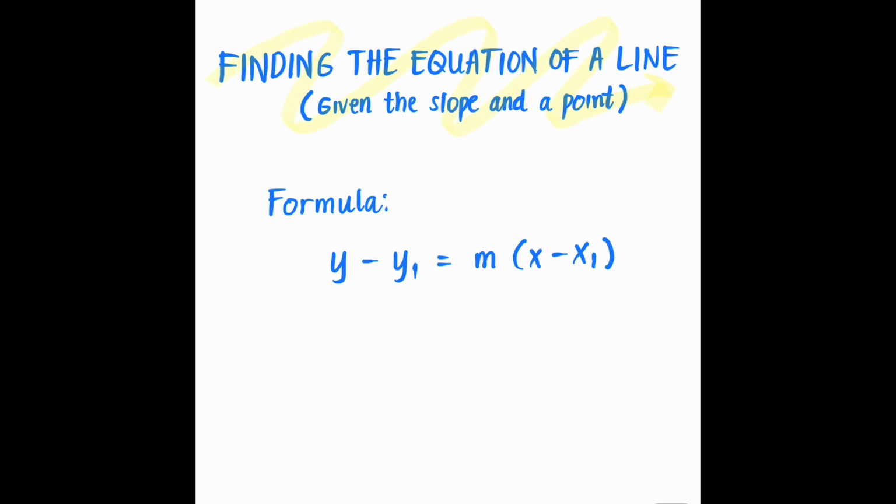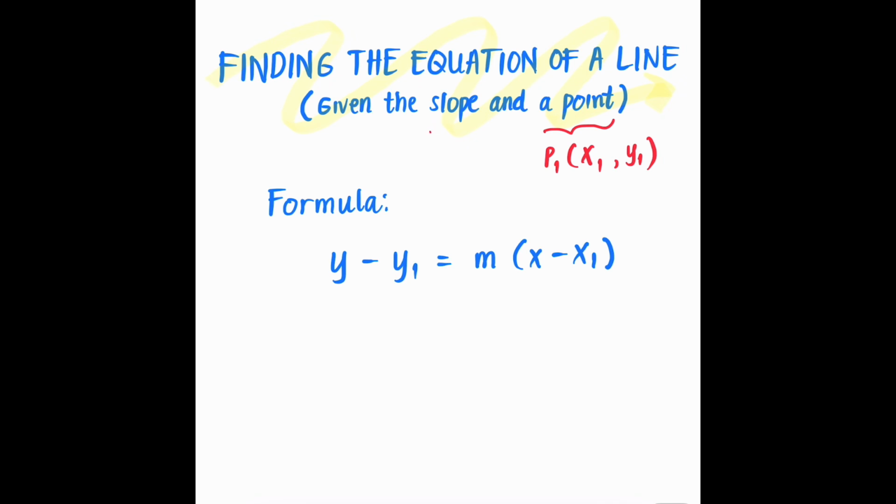So again, from the previous video, you learned that the values that we will be substituting to x sub 1 and y sub 1 will be coming from the point. Because we will be given a point, you have P sub 1, which will have coordinates of x sub 1 and y sub 1.